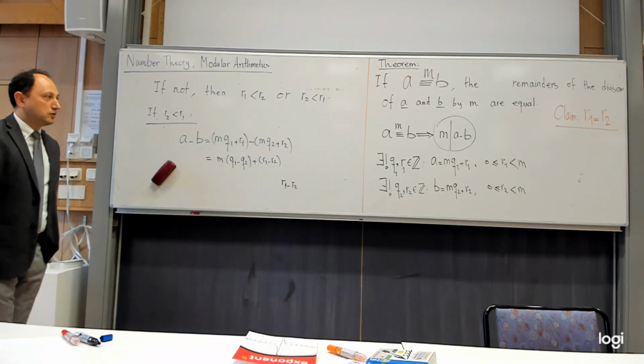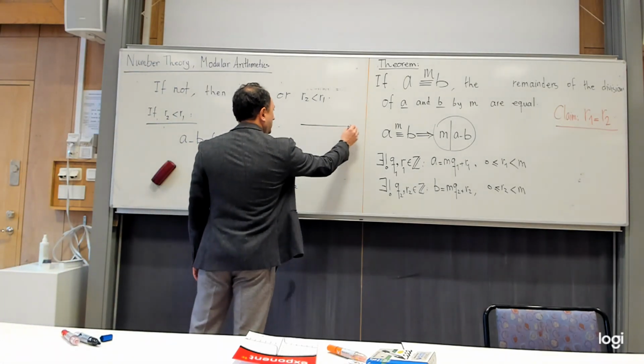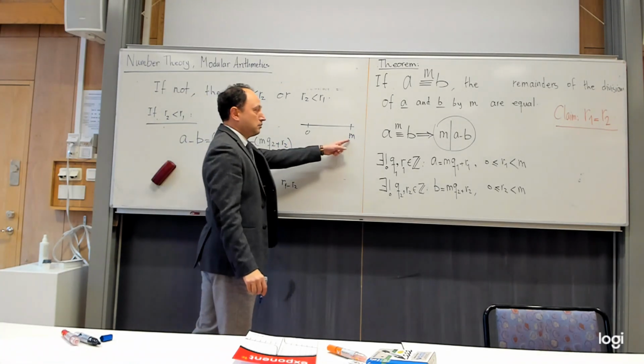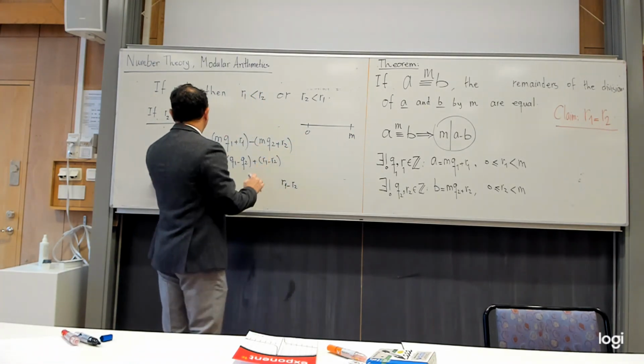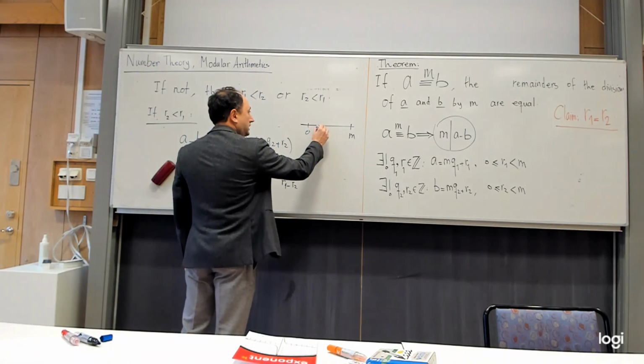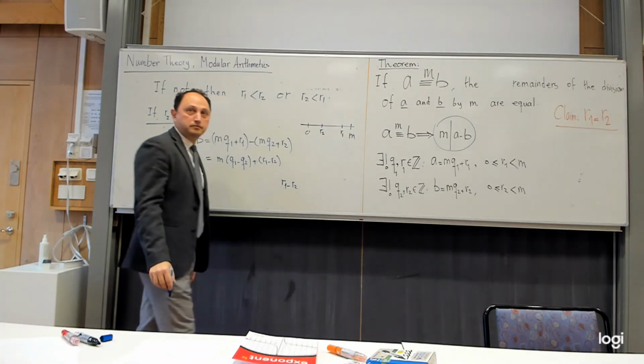I know that R1 and R2 are two numbers between 0 and m. For example, here is 0, here is m. They are integer numbers. R1 is greater than R2, so R2 is somewhere here, an integer. R1 is somewhere here, an integer.